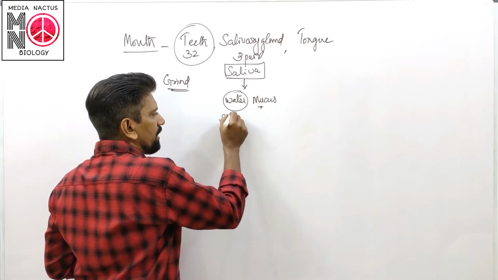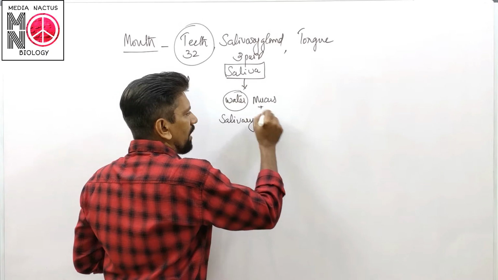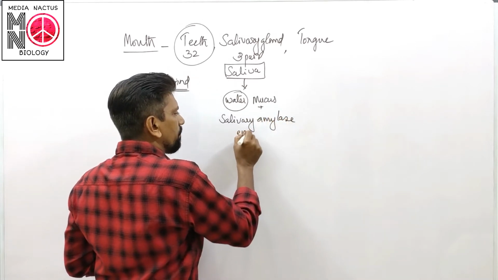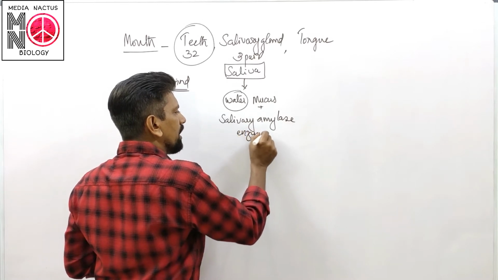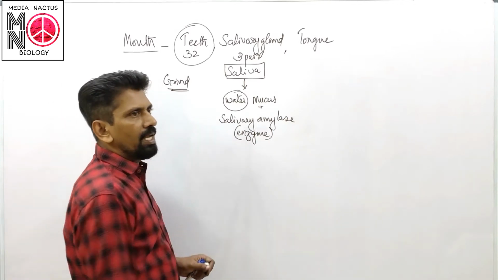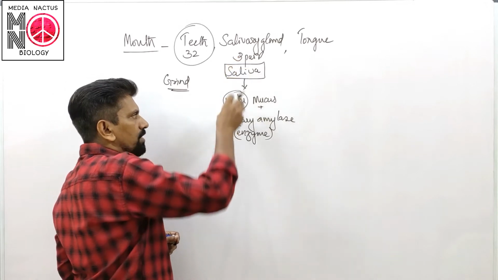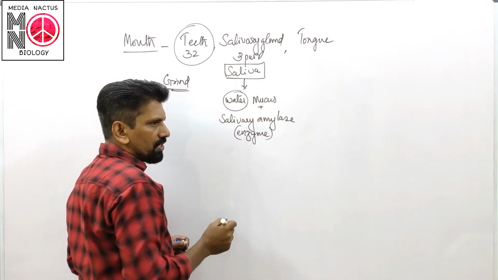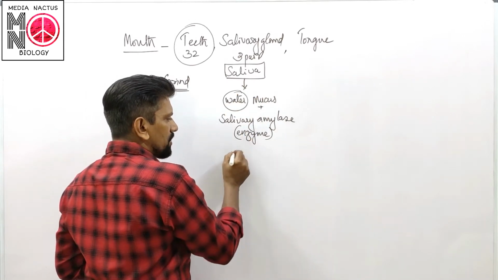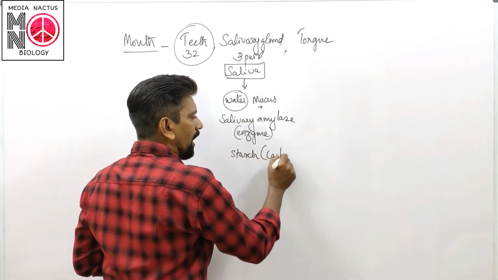The main one is the salivary amylase. What is this salivary amylase? It is an enzyme. Enzymes are biological catalysts which speed up the hydrolytic process. In the mouth, the salivary amylase helps to digest the starch, which is a type of carbohydrate.